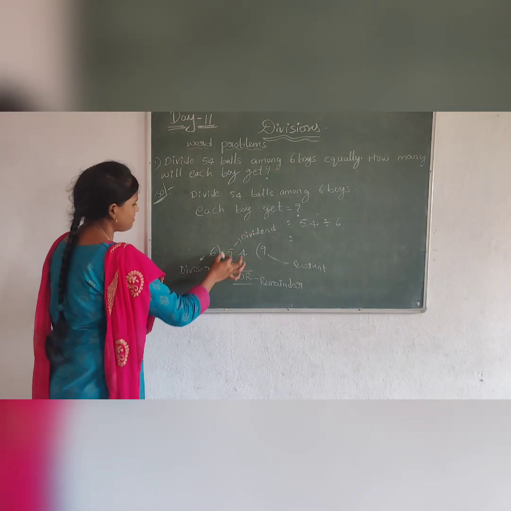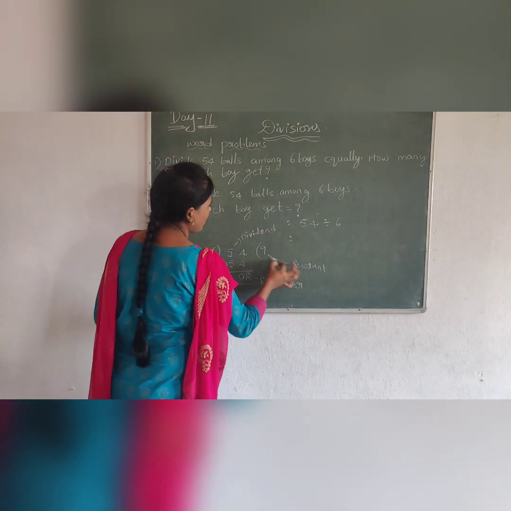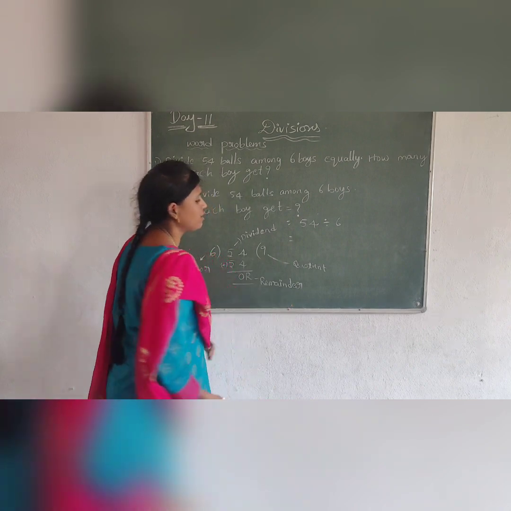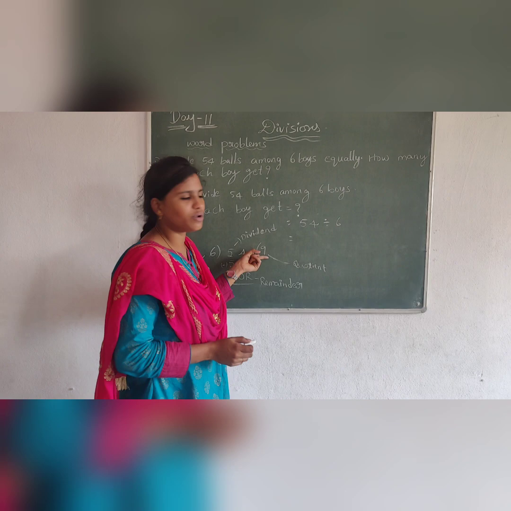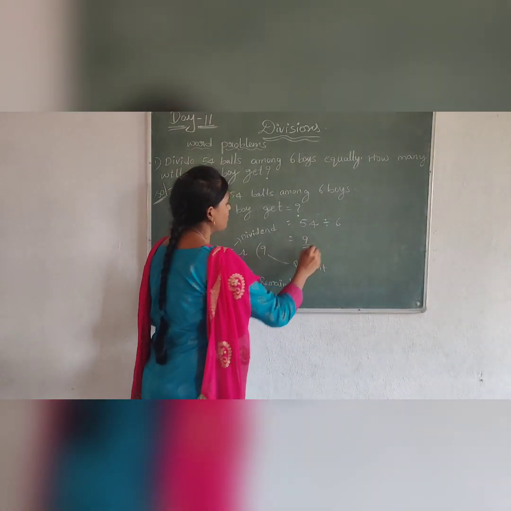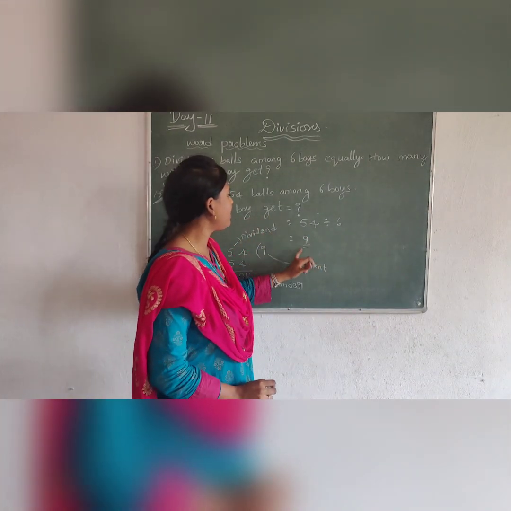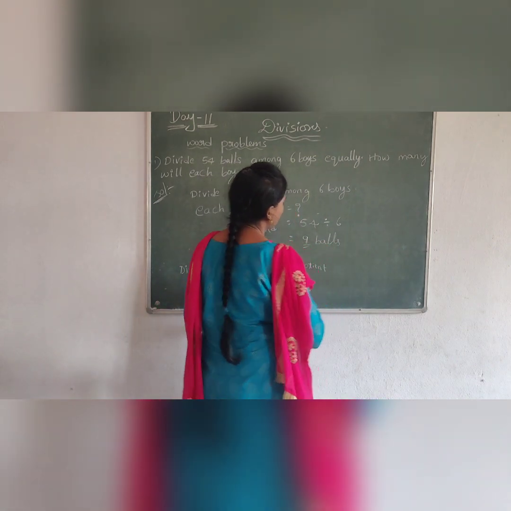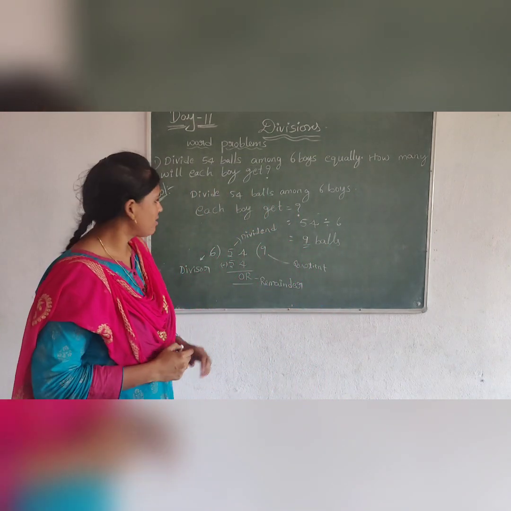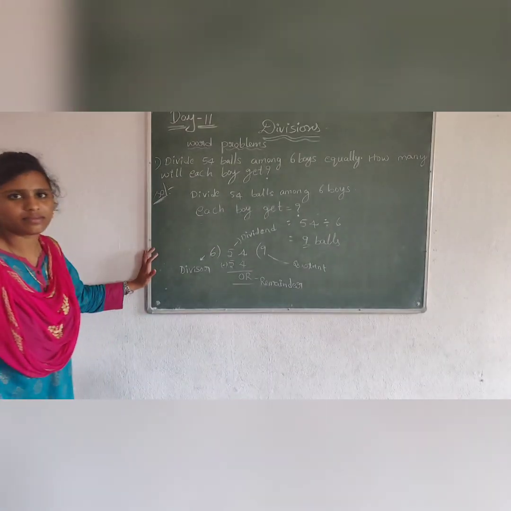Understood? This is the divisor, this is the dividend, 9 is the quotient, 0 is the remainder. So what is the answer? The quotient is the answer. So 9 is our answer. Each boy gets 9 balls. Understood, children?